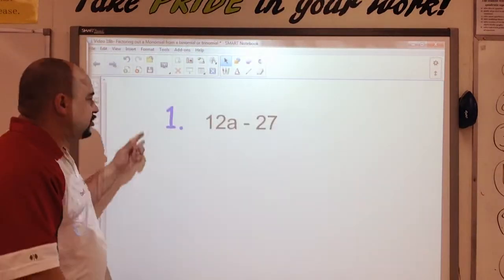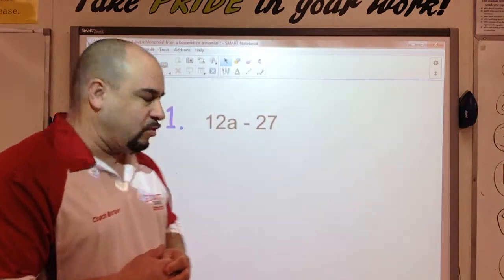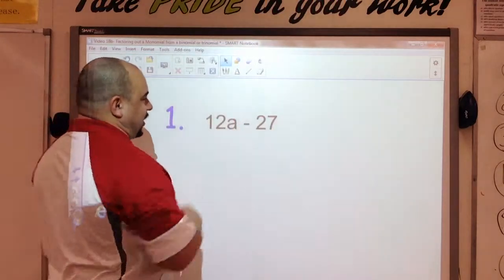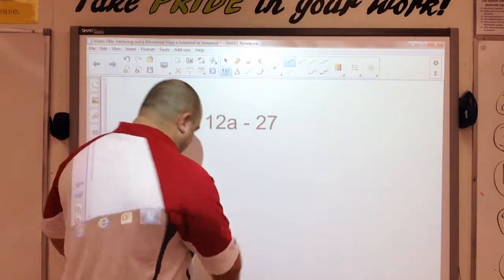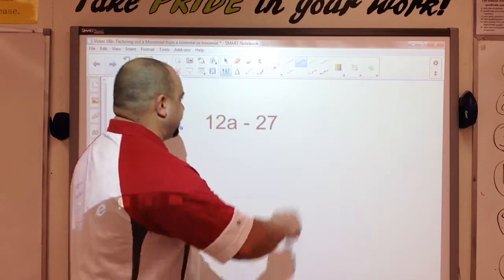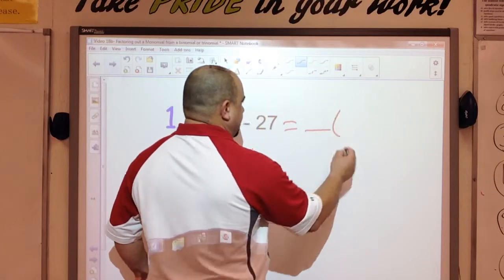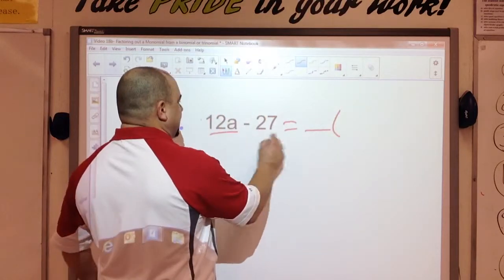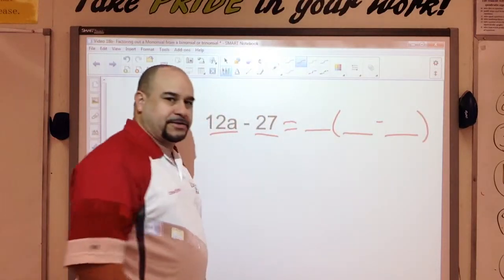I want you to go to problem number 1 on page 2 of the notes. So we're going to pull out the GCF first. Now, what I like to do before I do anything is write the equal sign, and draw every number of terms that I have inside a fraction bar, like that.